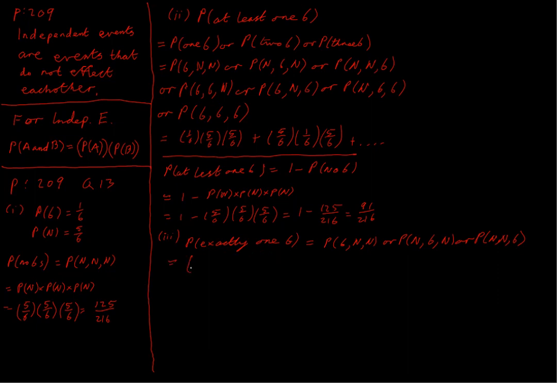So that would be 1/6 by 5/6 by 5/6 plus 5/6 by 1/6, again, this is coming from here, by 5/6 plus 5/6 by 5/6 by, my apologies, 1/6.